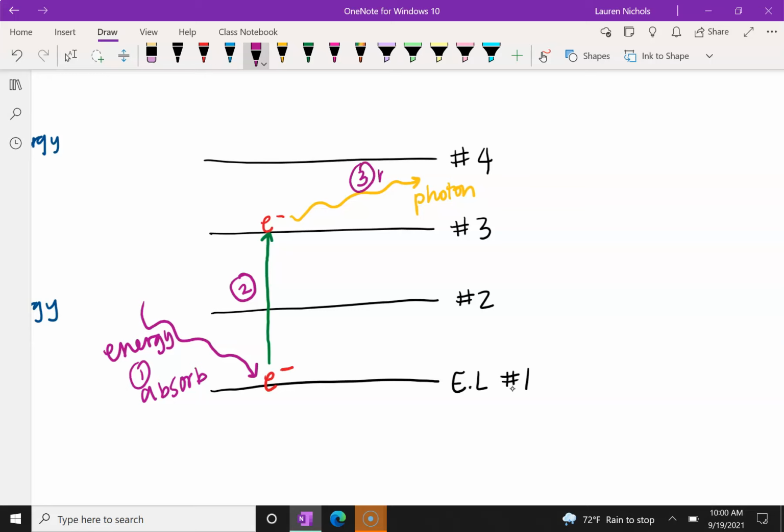Step 3, it releases, which is another word for that is emits a photon, and then it moves back down. And it does this over and over and over again really, really fast. So you might see it different ways. And so we kind of have our steps there.